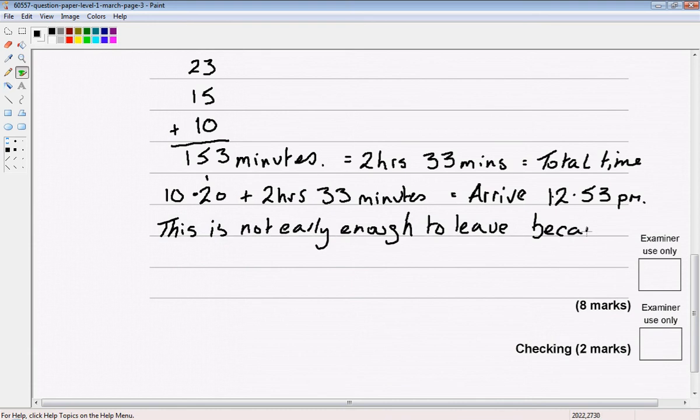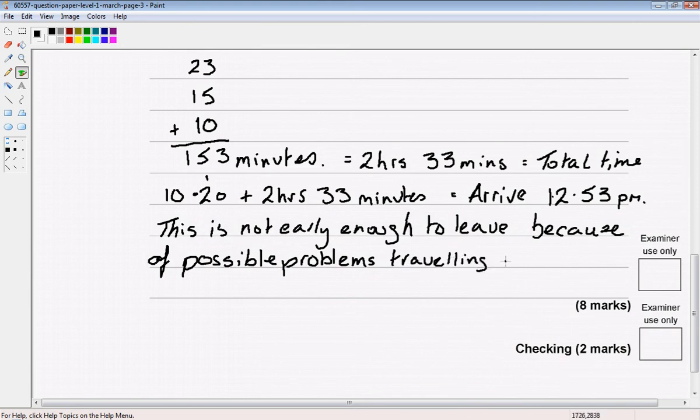And I would use the examples as I just said because of possible problems on the motorway, or possible problems travelling, or needing a driving break.